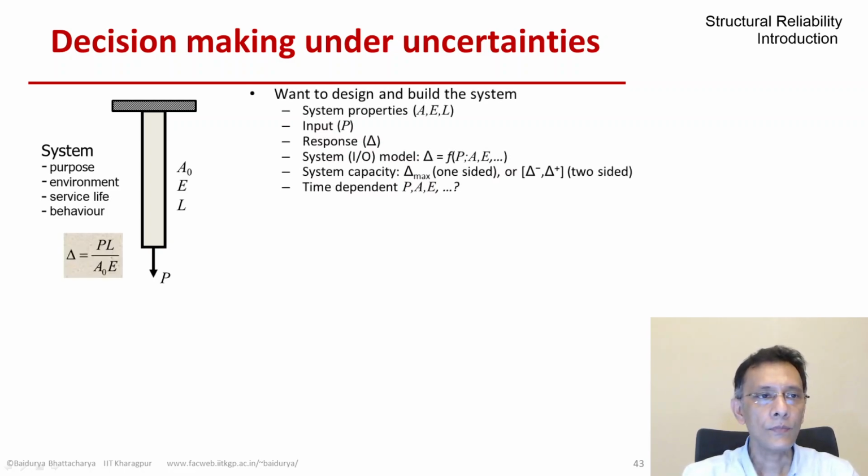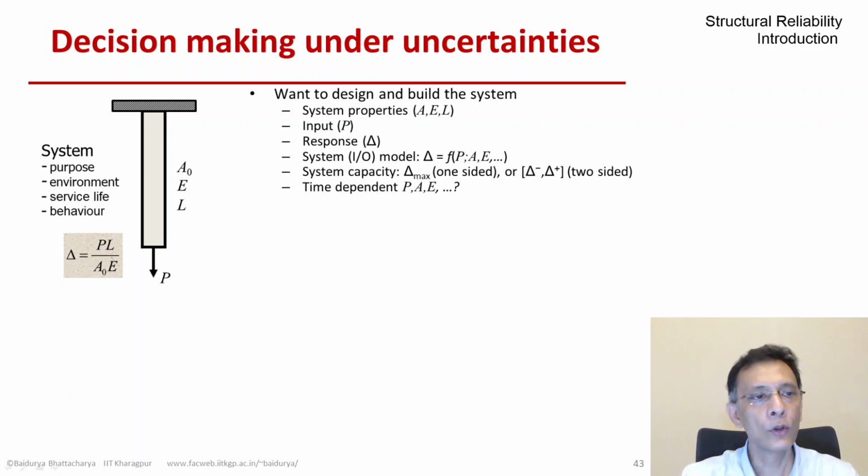So we want to design and build the system, and we have a good idea about its properties and inputs. As I said, we know which responses we are interested in, and we have a model that relates the inputs and the properties with the response, and we have a good idea about what an acceptable response is.